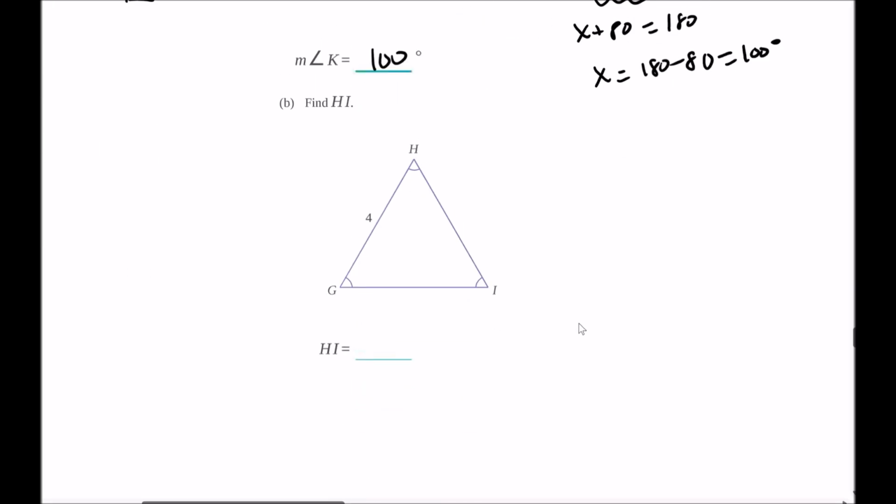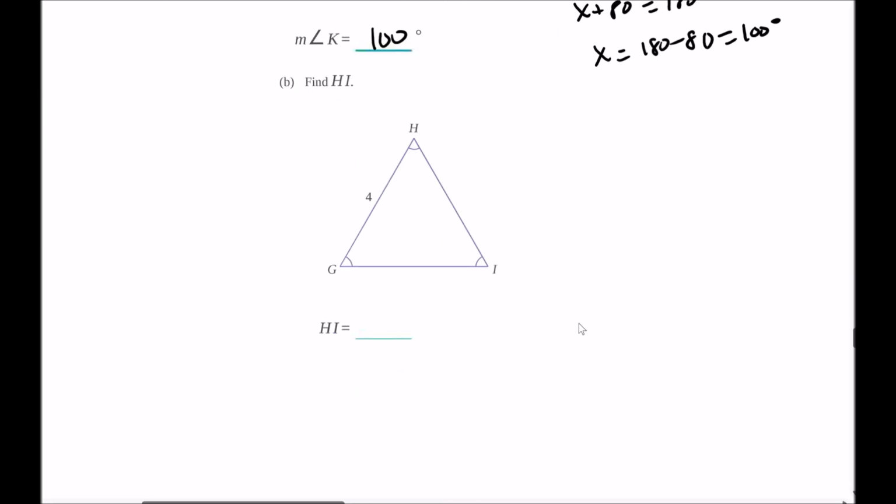All right, so now part B, it says find HI. Now HI, notice that all of the angles are the same, which means that it's an equilateral triangle. Okay, this is an equiangular triangle. Equiangular means all the angles are the same, but it's also equilateral, because if the angles are the same, that means the sides are the same.